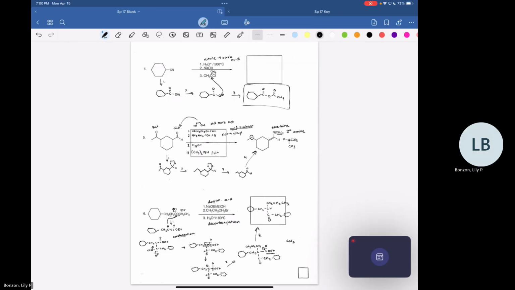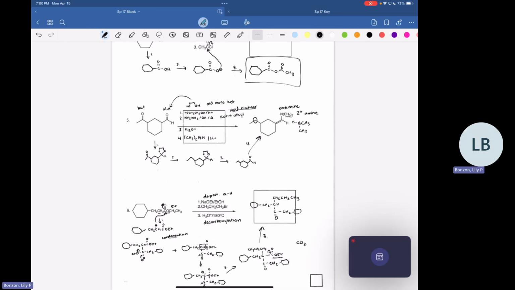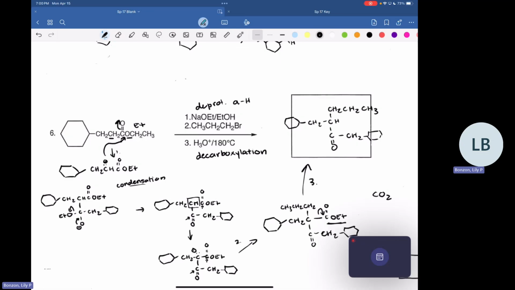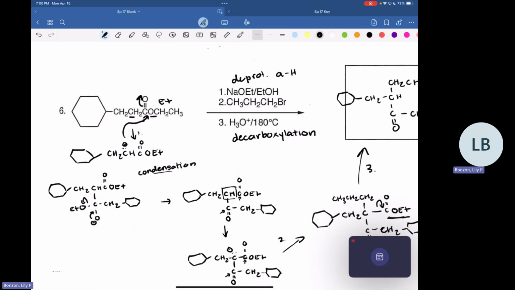Oh yeah, on the last one. So the reason for that is this NaOEt is a very strong deprotonating group.